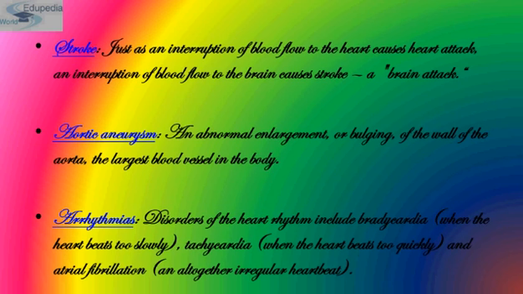Now comes arrhythmias. This is the disorder of the heart rhythm that includes bradycardia, when heartbeats become very slow, tachycardia, when the heart beats too quickly, okay, and atrial fibrillation, an altogether irregular heartbeat. So these conditions are known as arrhythmias, okay.